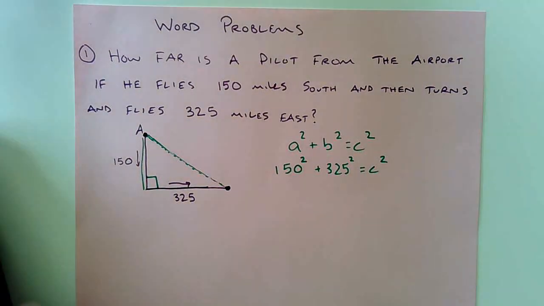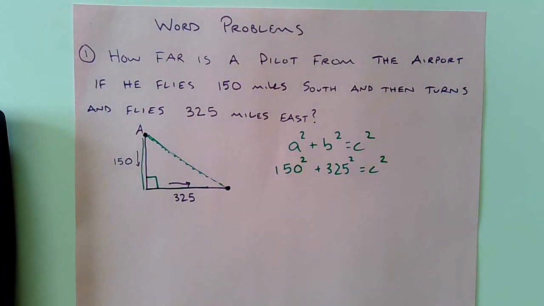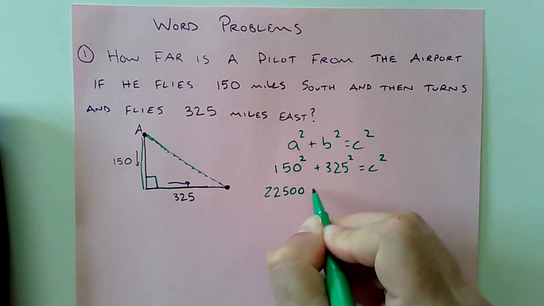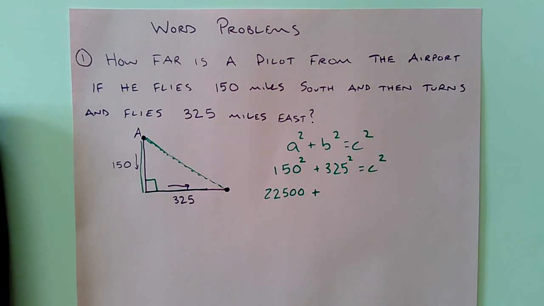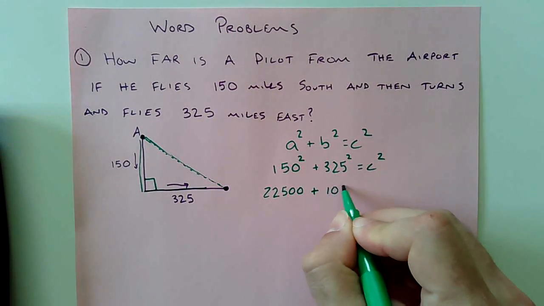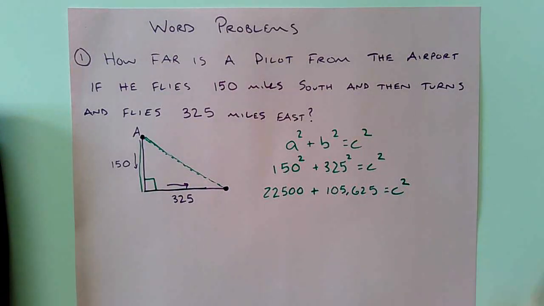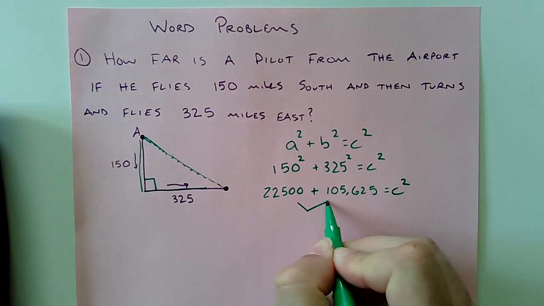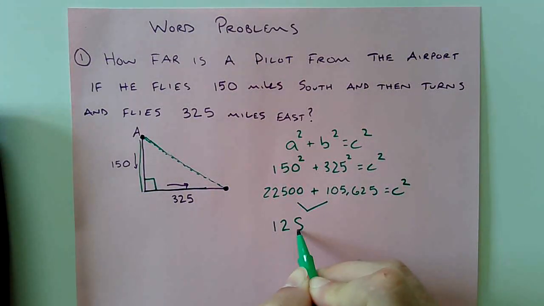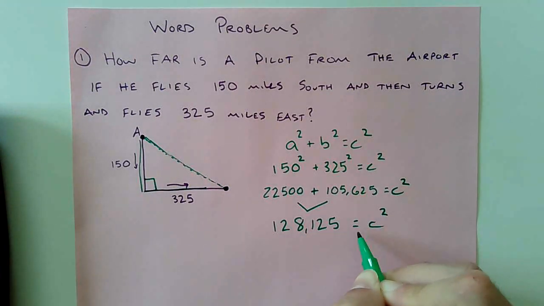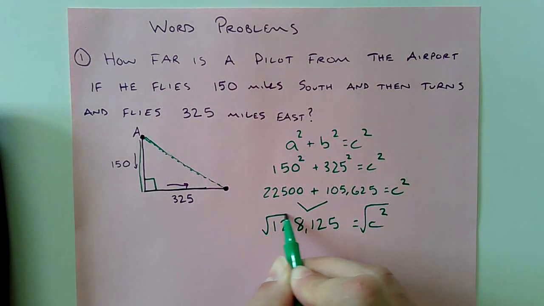I'm going to have to grab a calculator because these numbers are going to get kind of large. 150 squared is 22,500. 325 squared is 105,625. Add those together: 128,125 equals c squared. And then my last step would be to square root.